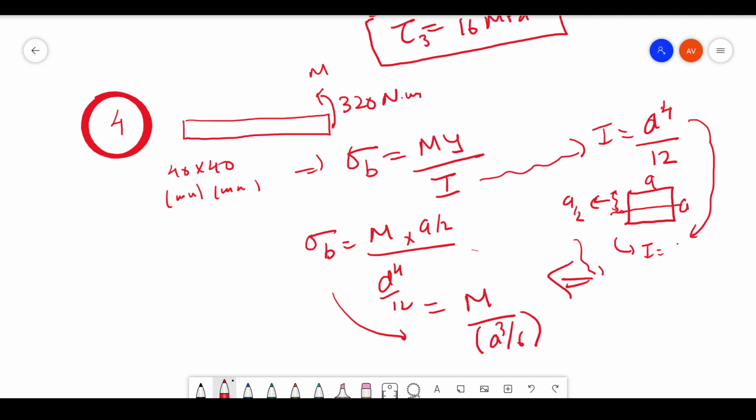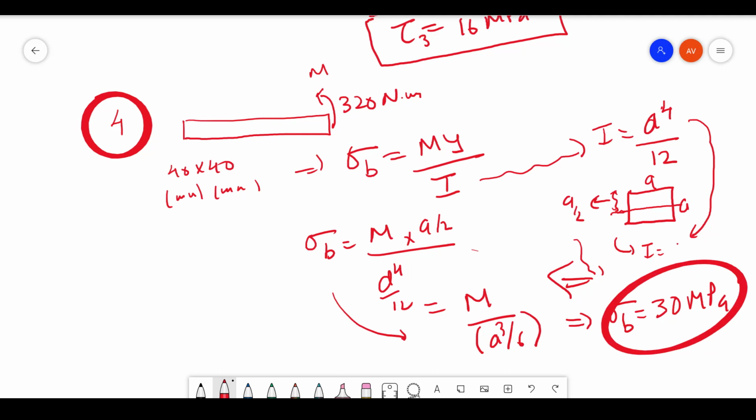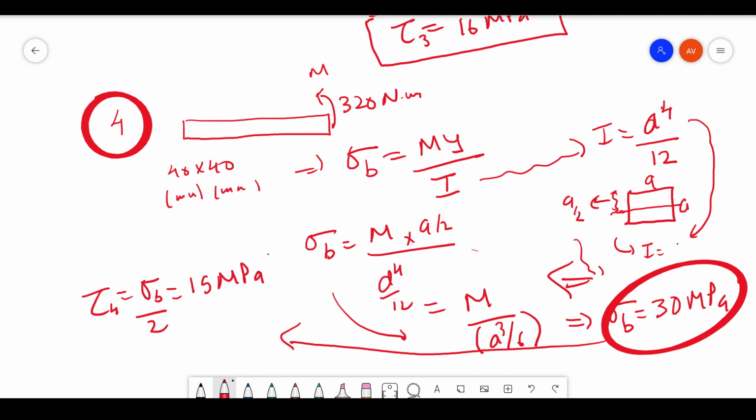Substituting the value 320 into 10 raised to 3, you are going to get sigma b equal to 30 MPa. Again you use this and find your tau to be 30 by 2, which is 15 MPa.